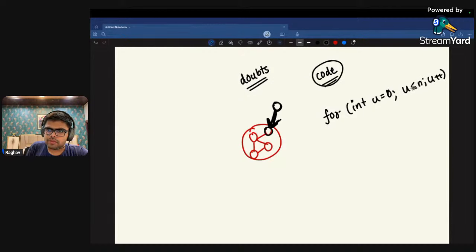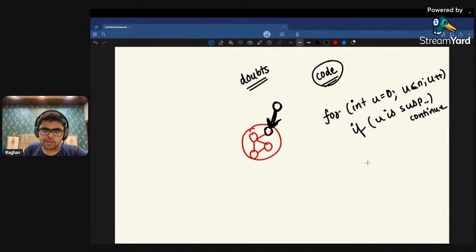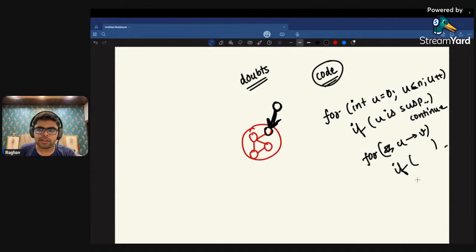Oh, sorry, we have zero based indexing. If u is suspicious, then continue. Otherwise, if u is not suspicious, then go on for all the v, all the nodes, all the methods which would be invoked by you, and check if this condition is applied there.